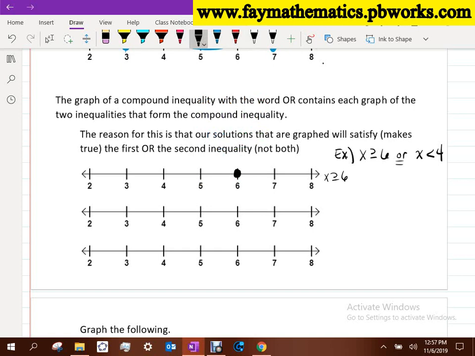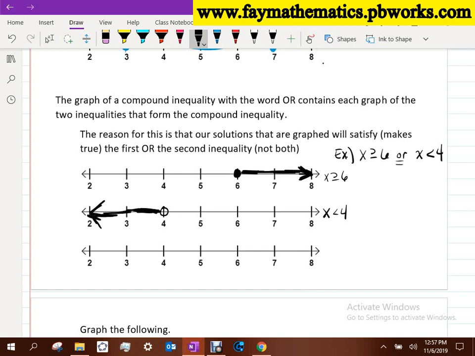And we're going to shade which direction? To the right. Okay. So if x is greater than or equal to 6, now I'm going to do x is less than 4. So less than 4, what kind of dot do I use? Good. Shade which direction? Shade left.